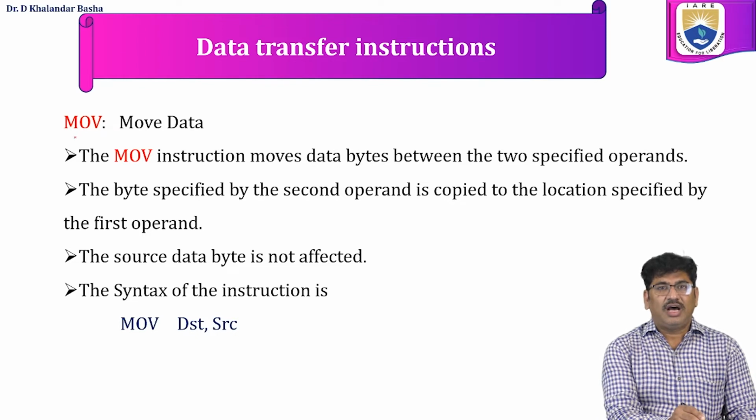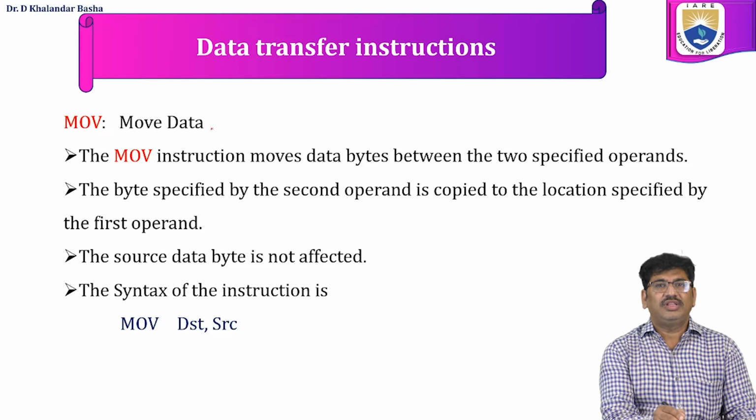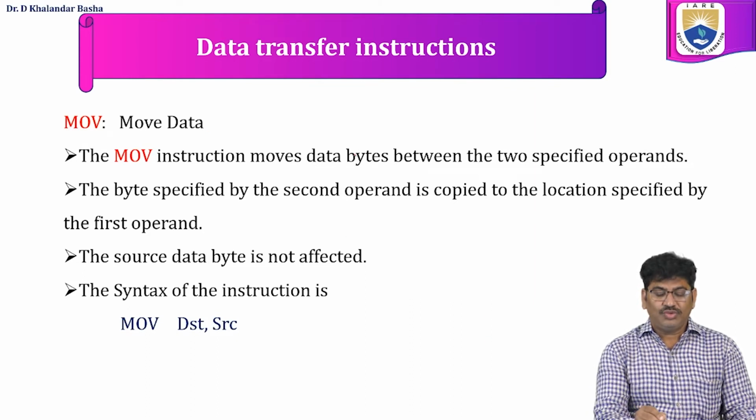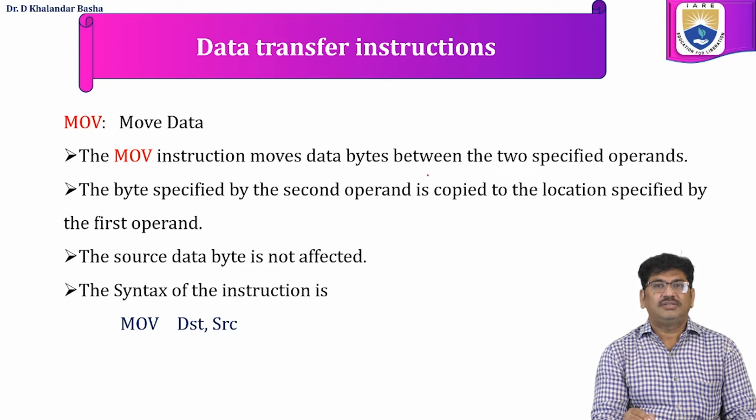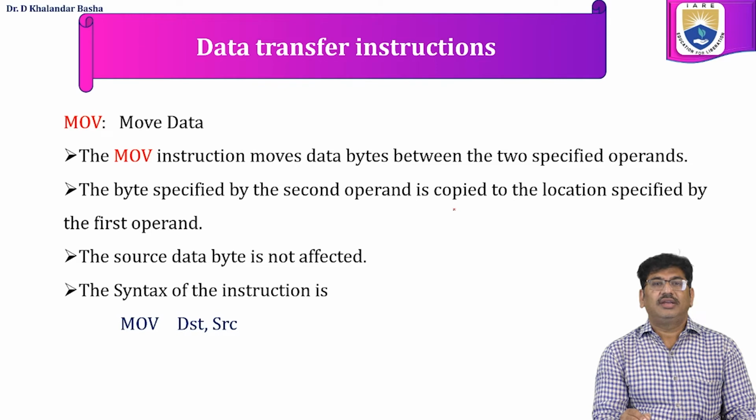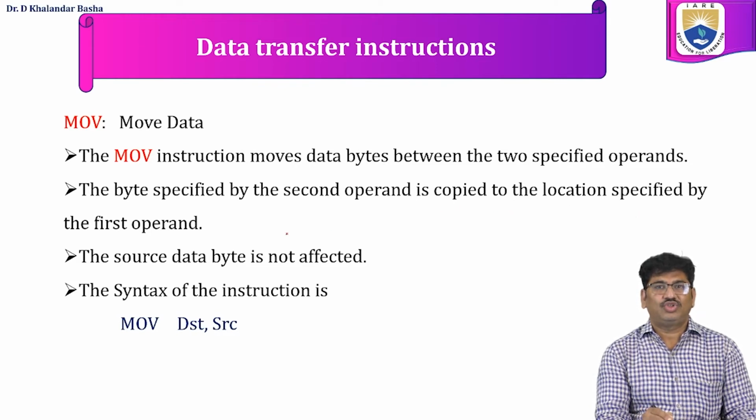The mnemonic of this instruction is MOV, which is for moving the data. The MOV instruction moves the data bytes between two specified operands, that is source and destination. The byte specified by the second operand is copied to the location specified by the first operand.